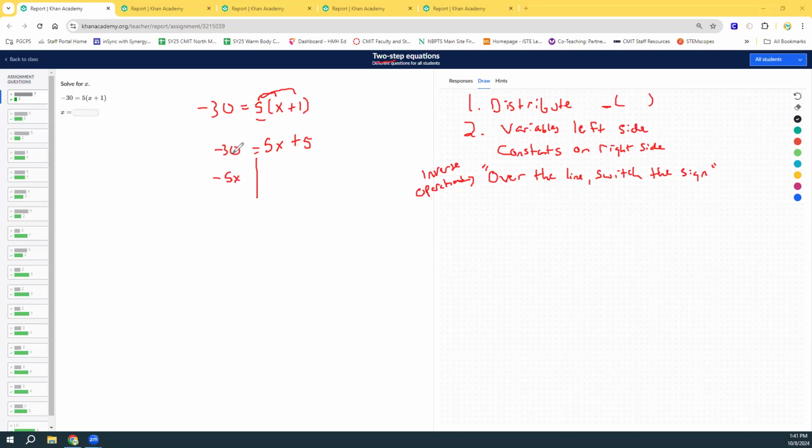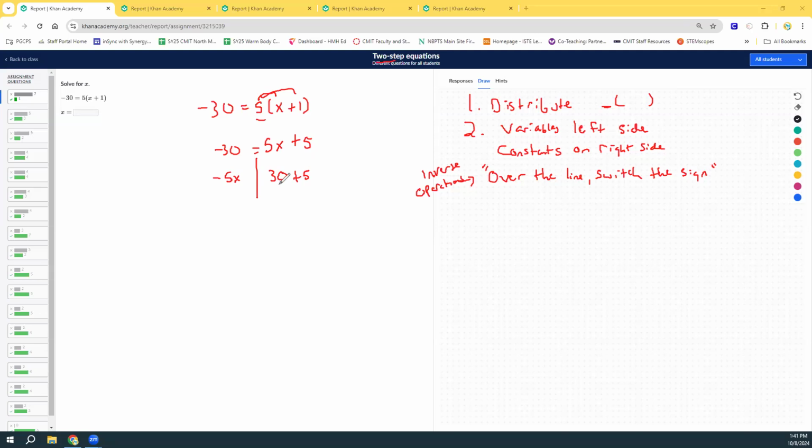Negative 30 on the left side is the same as having a positive 30 on the right side, and that 5 can stay there. So maybe last year you learned to subtract 5 from this side, subtract 5 from this side, and you have your equality, right? And so that's all I'm doing. I'm just doing it all in one step. And I really enjoy doing it this way.